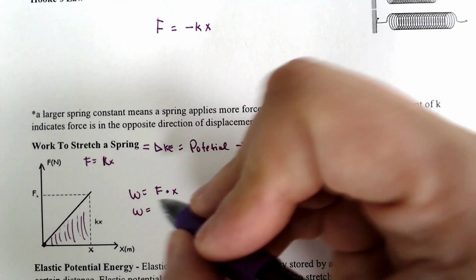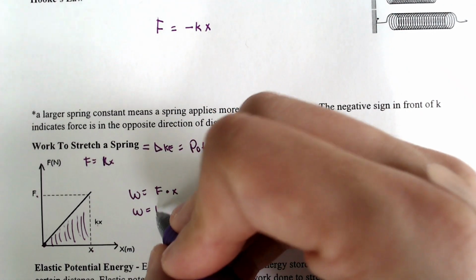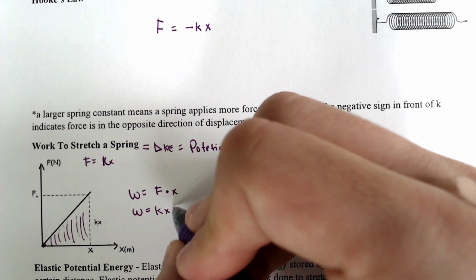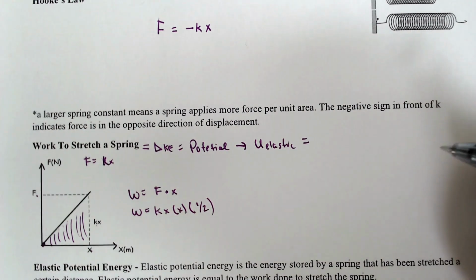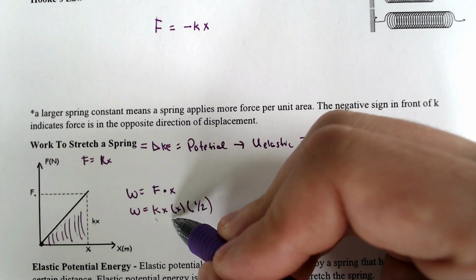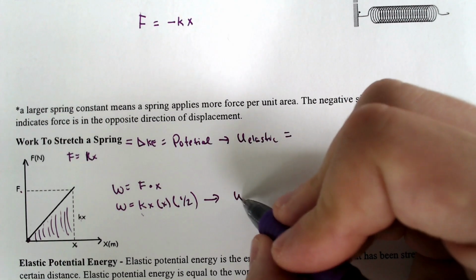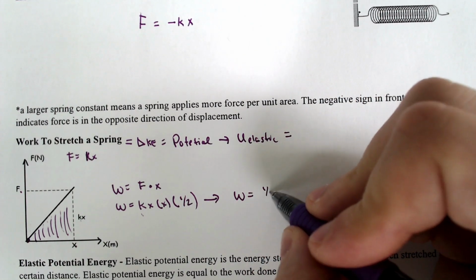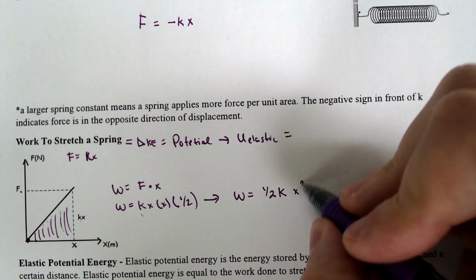But F in this case could also be called kx, because kx is what the force is equal to. Kx times x. And it is a triangle, so we would need to do 1/2. Okay, and if we multiply the kx times x and the 1/2 together, you would find out that the work required to stretch a spring would be 1/2 k, the same k as before, x squared.